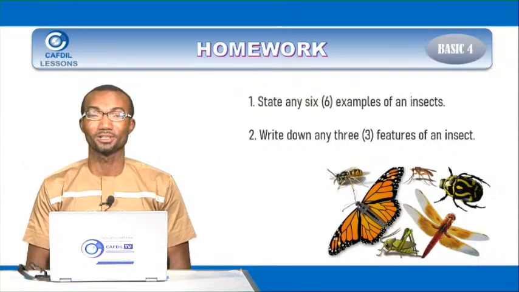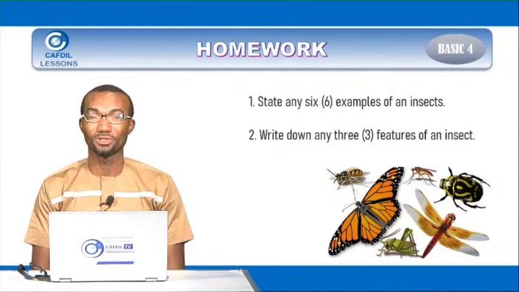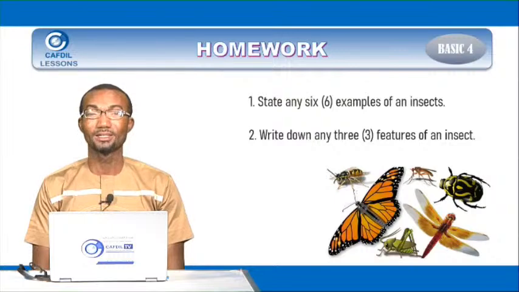We have talked about a lot. 2. Write down any 3 features of an insect. This is your homework for this lesson.